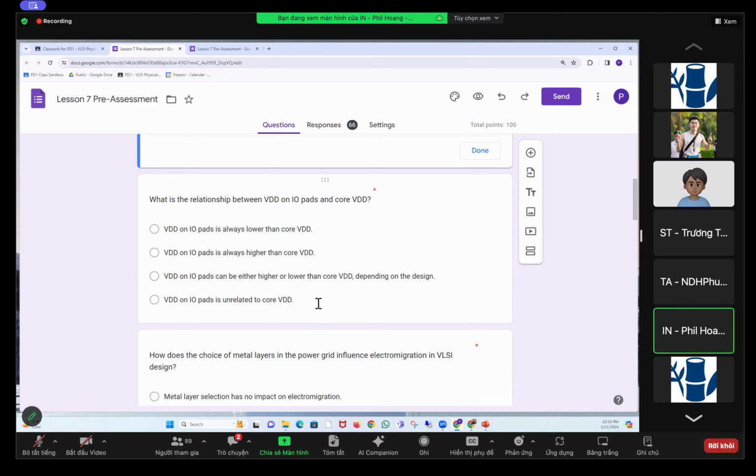And D, VDD on I/O pads is unrelated to core VDD. This is not a very good answer, but please type in what you think, A, B, or C, or D. Just don't pick D. This is not a very good answer either. So you can tell these were done in a rush.